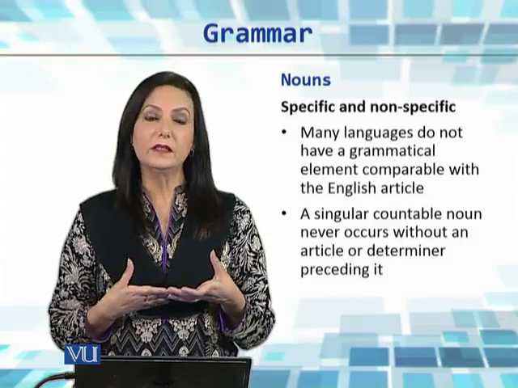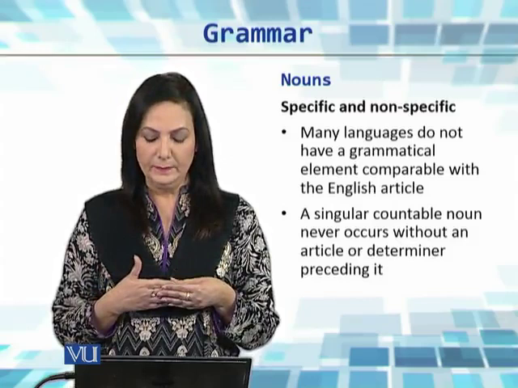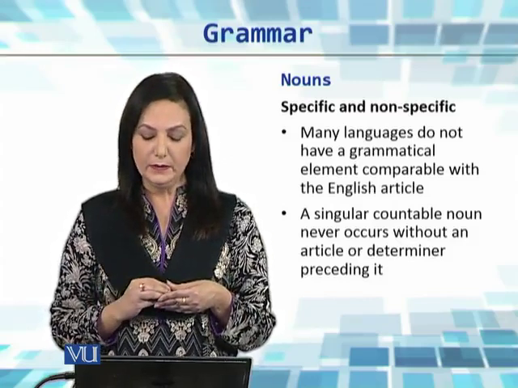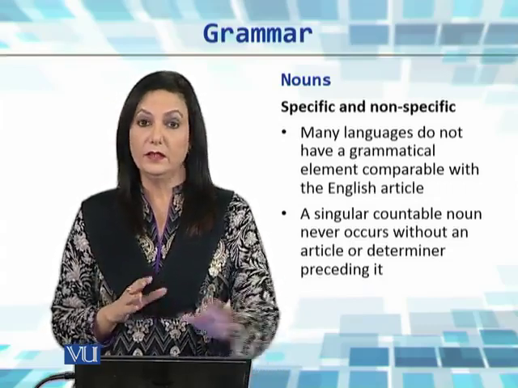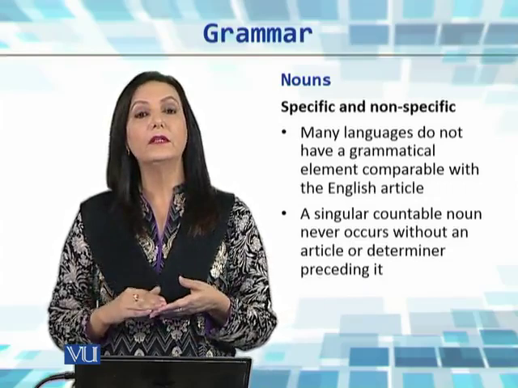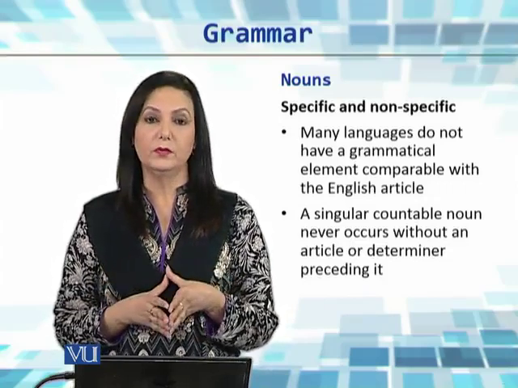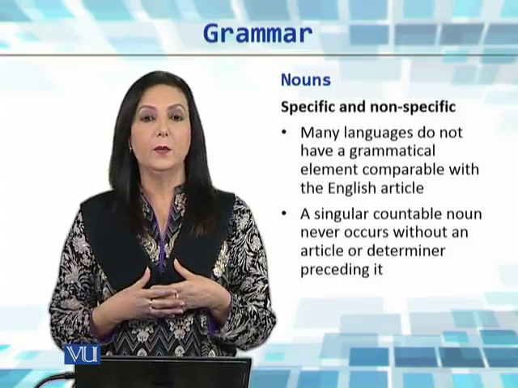They have difficulty adopting the use of the article when they speak English. Although we have this rule in English that a singular countable noun never occurs without an article or a determiner, so it is a never, the outer circle English speakers do not seem to take notice of this rule and continue using countable nouns without articles.